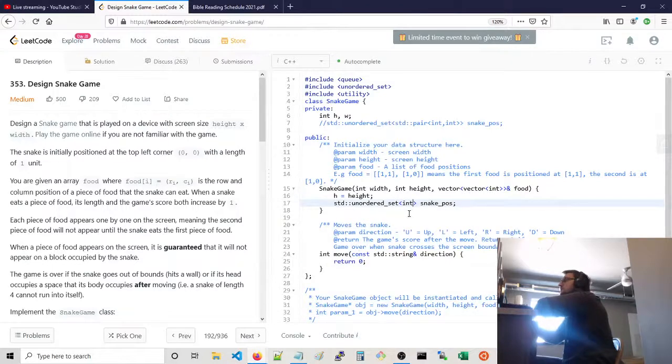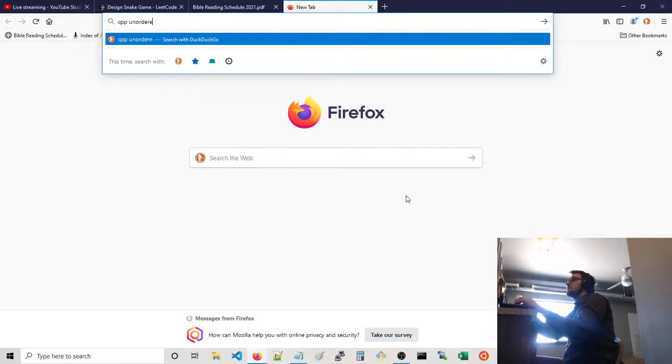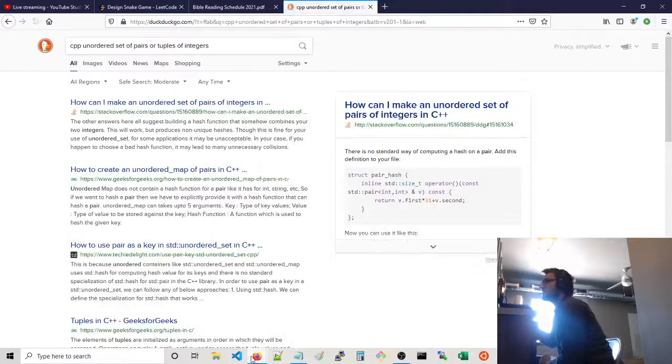Right. Can you not use an unordered set for pairs or tuples? There's got to be a way to do this.